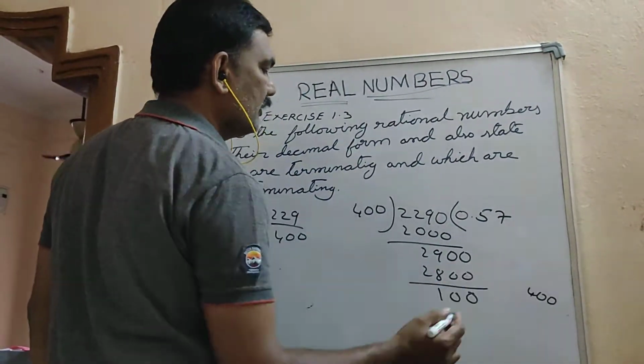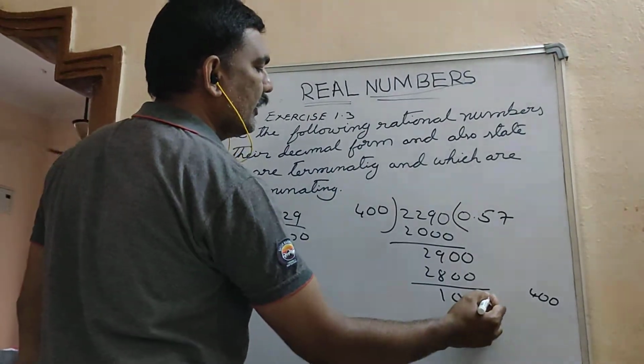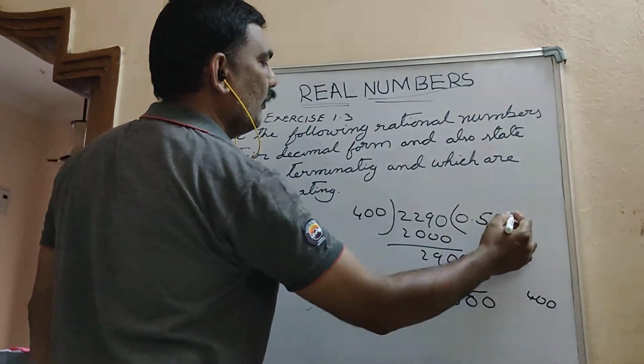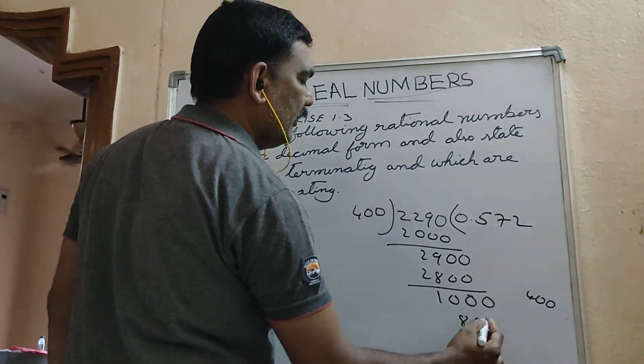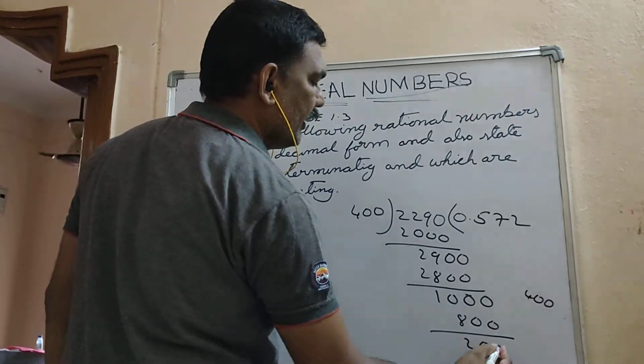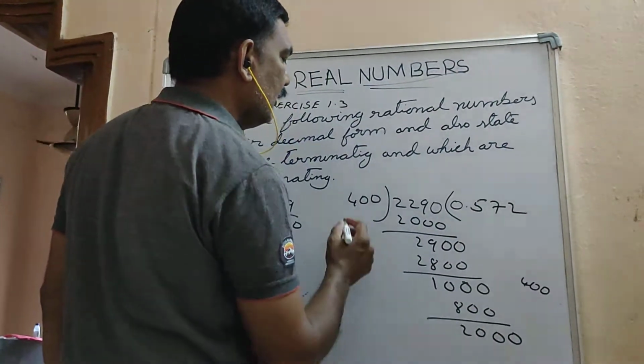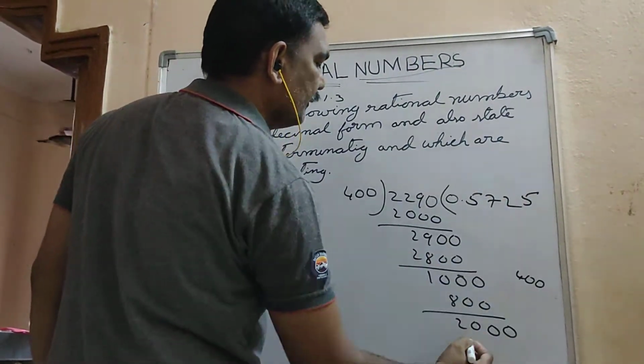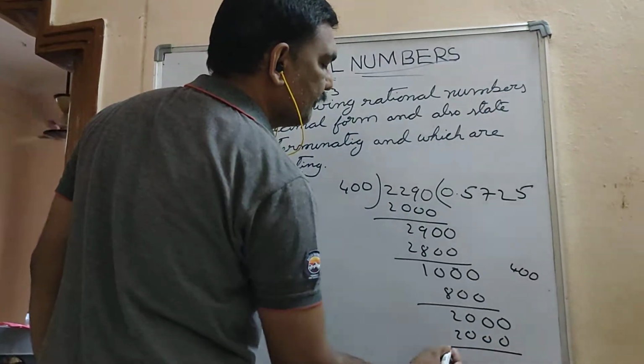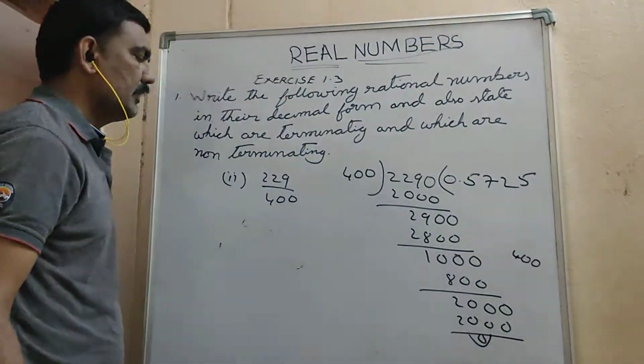Add one more 0. 400 2s are 800. If you do subtraction, again you get 200. Put 0 here. 400 5s are exactly 2000 and you got remainder as 0.